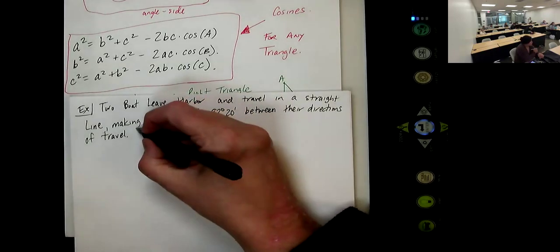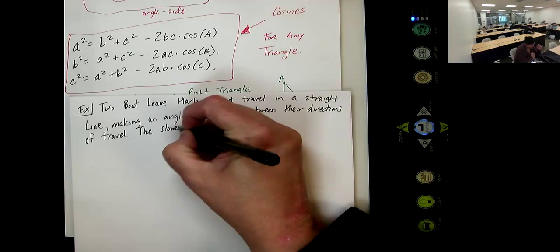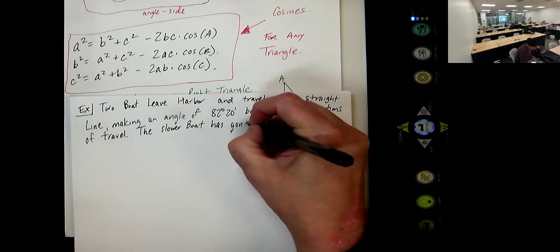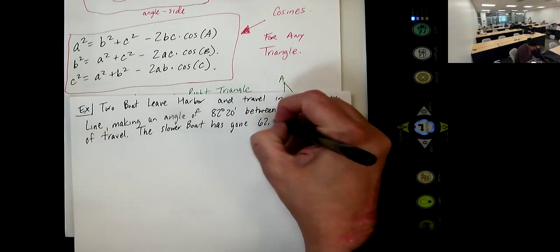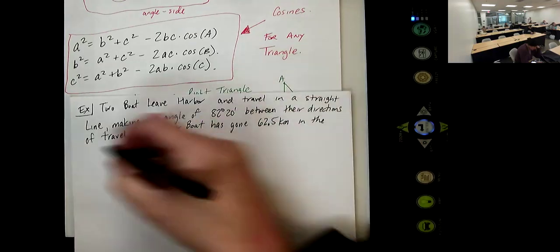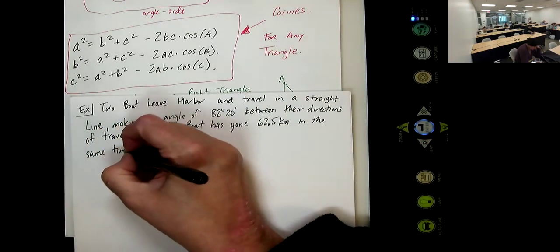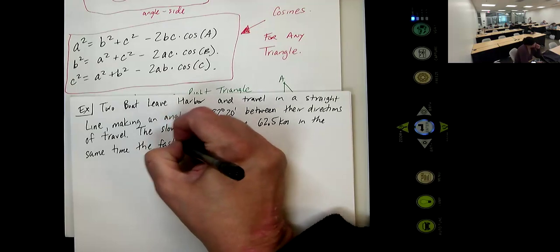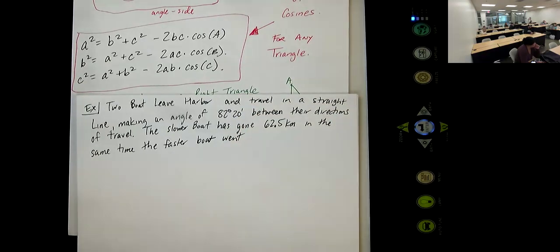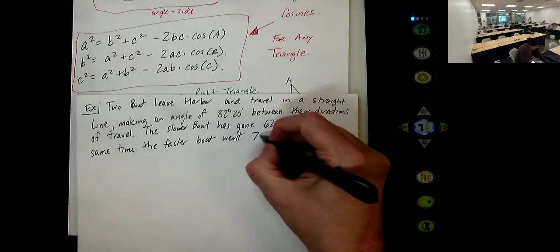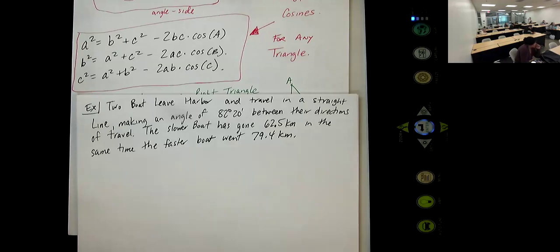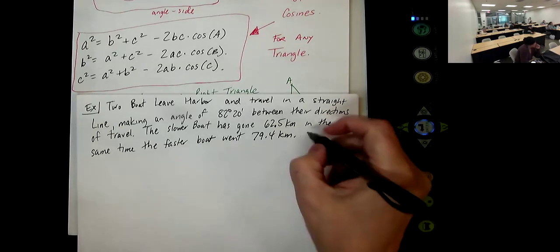The slower boat has gone 62.5 kilometers, and in the same time the faster boat went 79.4 kilometers. How far apart are the boats now?